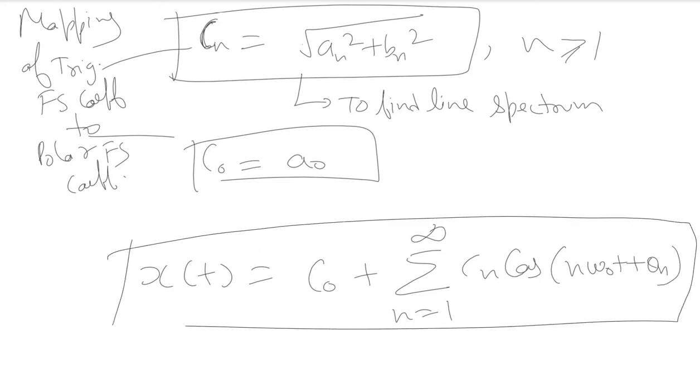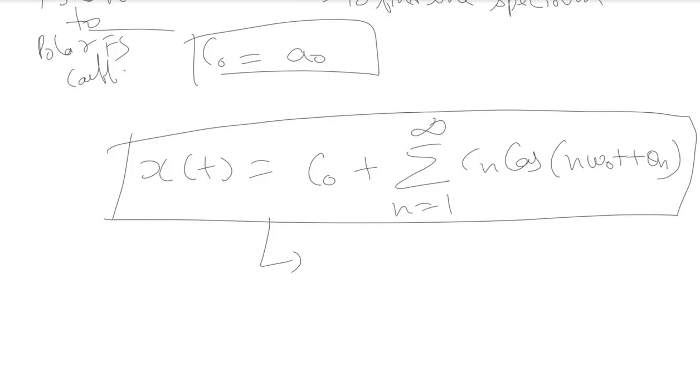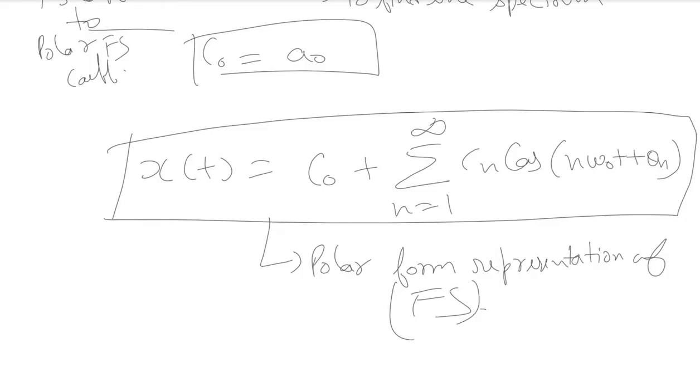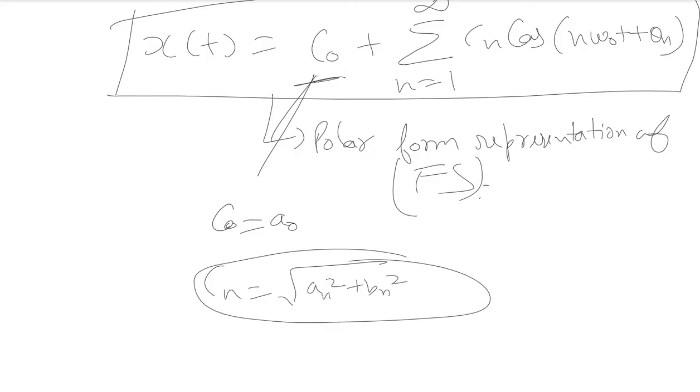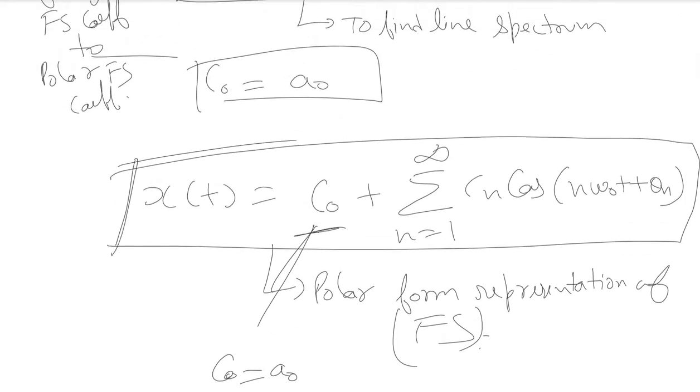This is the polar form representation of Fourier series, where C naught is equivalent to A naught, and Cn is equal to square root of an square plus bn square. It is the line coefficient, which helps in finding the line spectrum of the Fourier series.